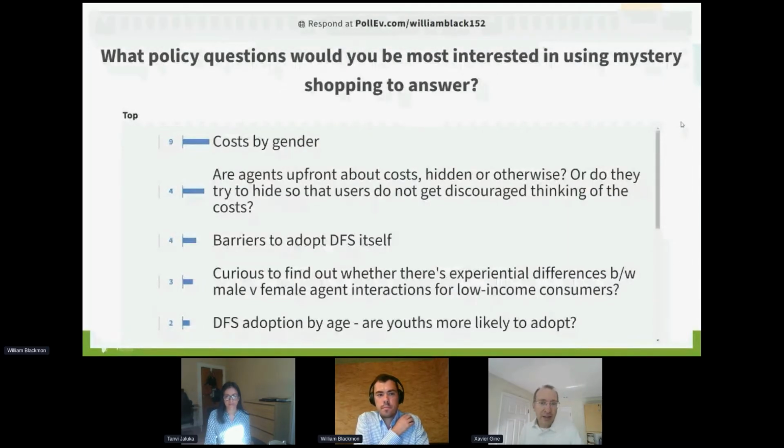And specifically in the case of Bangladesh, IPA is also involved in a separate study where we're subsidizing the wages for an additional employee in some of the established agents, and we're randomizing the gender of this new employee, right?